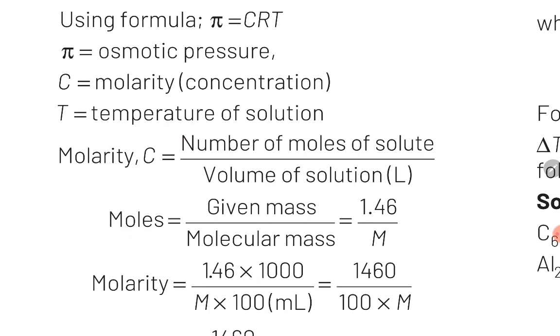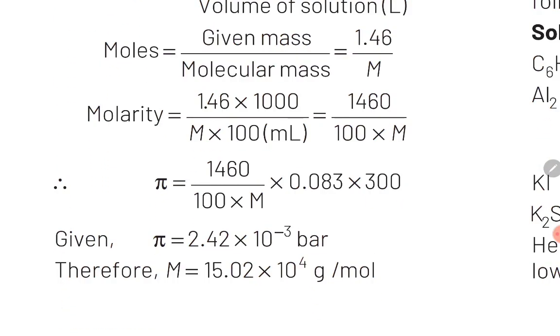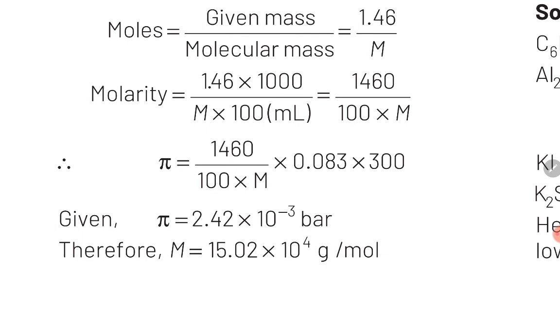Also guys, number of moles of solute will be equal to given mass of biopolymer divided by molar mass of biopolymer. Guys, given mass of biopolymer is 1.46 grams and molar mass is considered as M. So guys, after substituting all the values, we'll obtain molarity as equal to 1.46 into 1000 divided by M into 100.